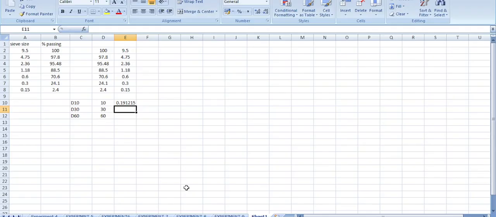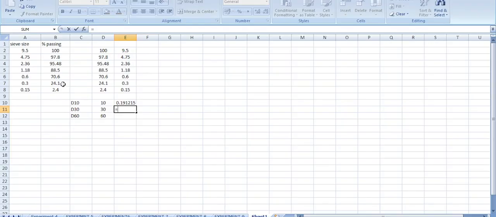So let's go over to D30. Let's see how we are going to get D30. D30 will be equal to, so look at your D30. Your D30 is going to fall between 24 and 70.